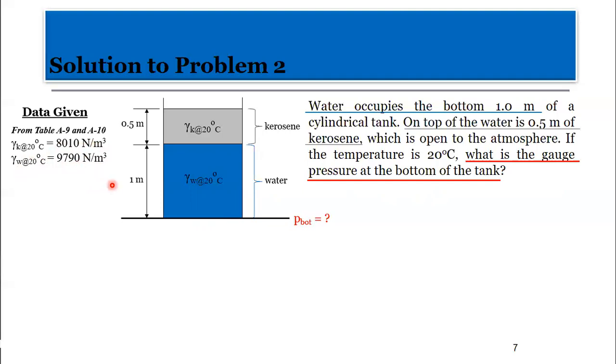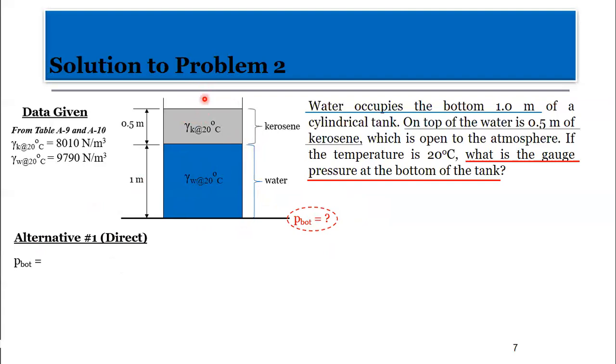I came up with two ways to solve this problem. I named one direct, and the other one, we'll get to that part. The direct one is just to look at the pressure at the bottom. What I didn't bring in is the pressure on top here.